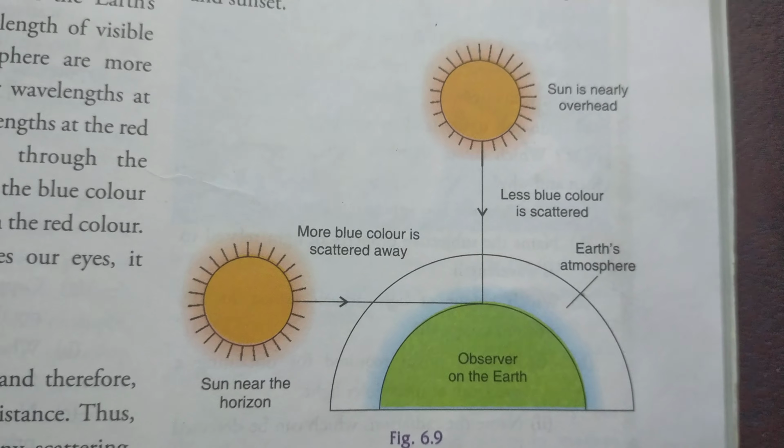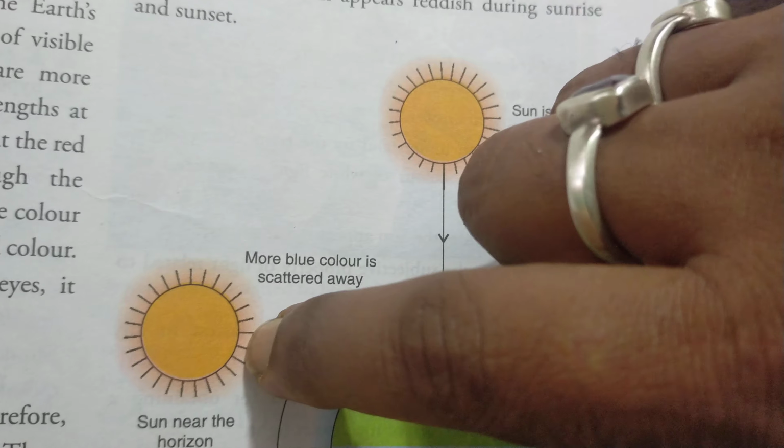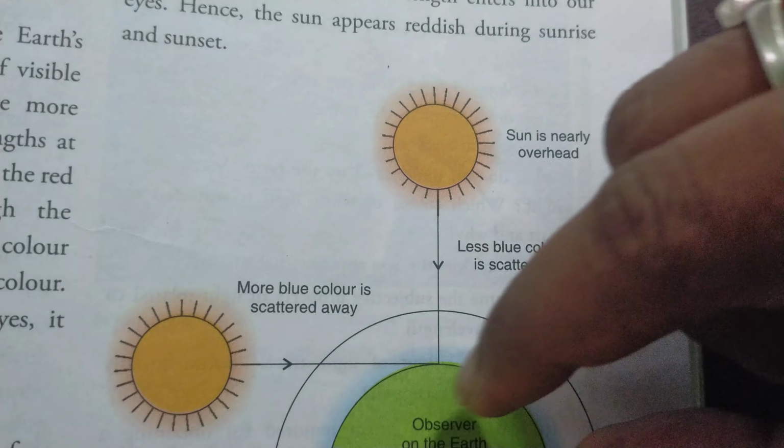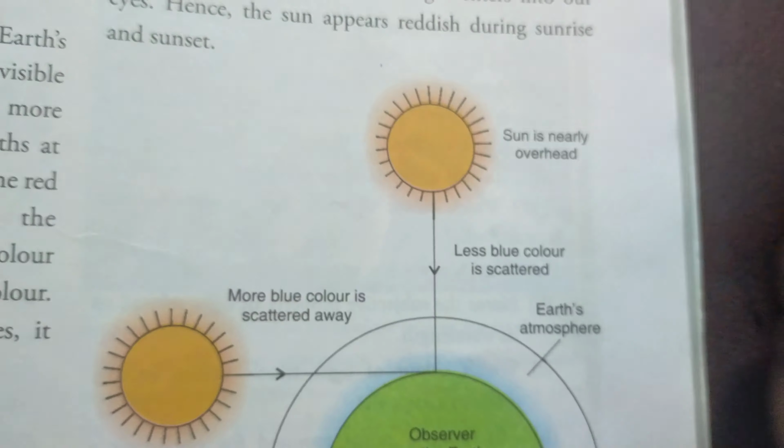When the position of the sun is very near to the surface of the earth, the light travels through a longer atmosphere, that means it covers more distance. Similarly, when the sun is overhead at 12 p.m., it travels a smaller distance in the atmosphere, so the color of the sky at that time is white.